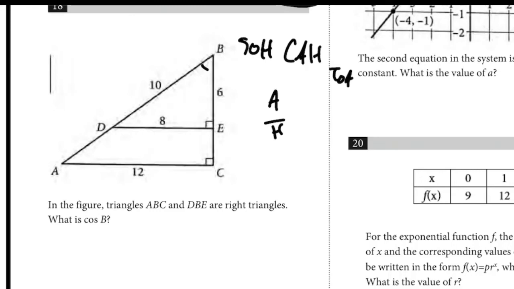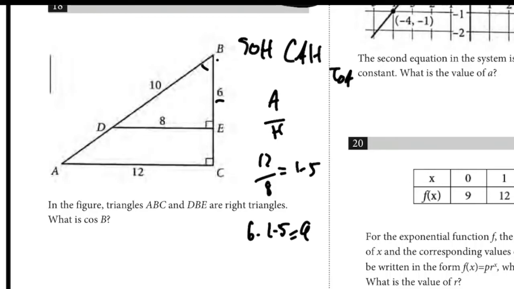So let's first try and find the scale factor for the triangles DBE and ABC because they are similar. So we have 8 and 12, so I'm going to divide that, and we're going to get the scale factor of 1.5, right? And now we're trying to find BC, so I'm going to use 6 right here, so BE, and 6 multiplied by 1.5 is equal to 9.